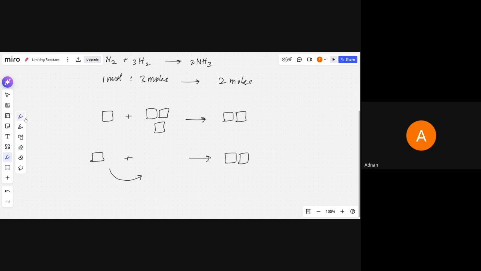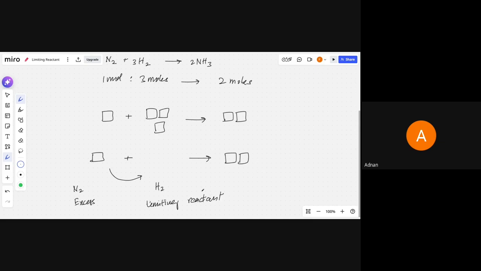So in this case, the reactant that got consumed first is hydrogen, and that is our limiting reactant, right? And the reactant that got left behind unreacted is our excess reactant. So nitrogen is a reactant in excess, and hydrogen gas is our limiting reactant, right?